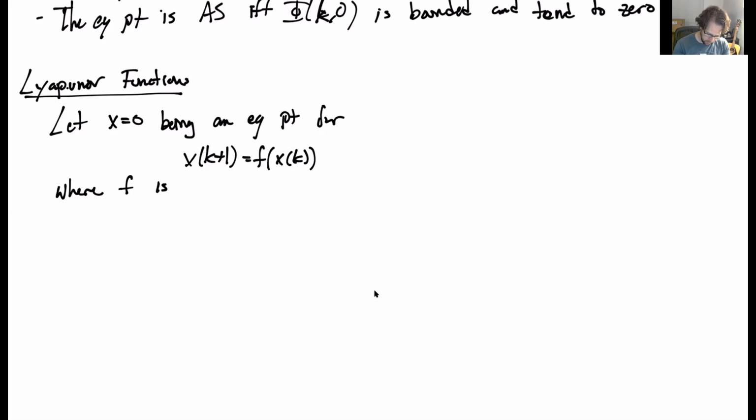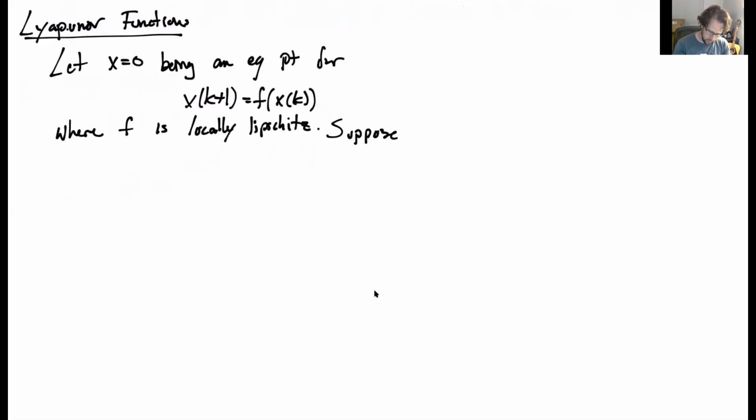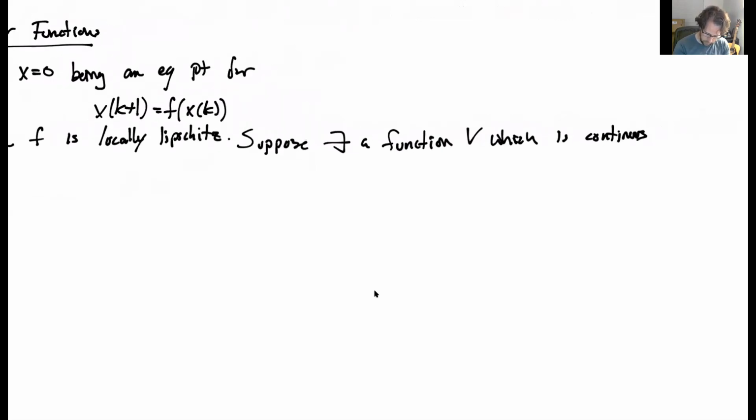And then suppose there exists a function V which is continuous and maps to the reals. This should be R n to R.